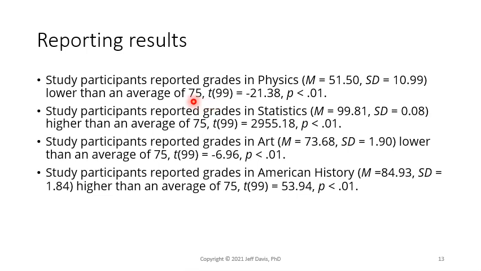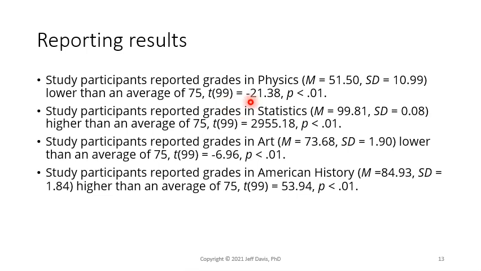And then after we make that statement, we follow it up with a simple statement about what we found in our t-test results, okay? So we have t, which indicates to the reader what particular type of hypothesis test we used. 99 represents the degrees of freedom.